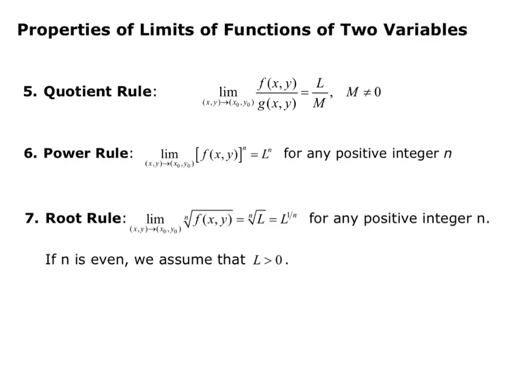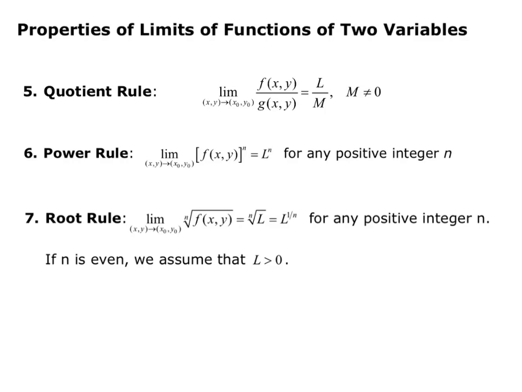And the last rule is the root rule. Limit as xy approaches x0, y0 of the nth root of f of xy equals the nth root of L, which is the same as saying L to the 1 over n, for any positive integer n.